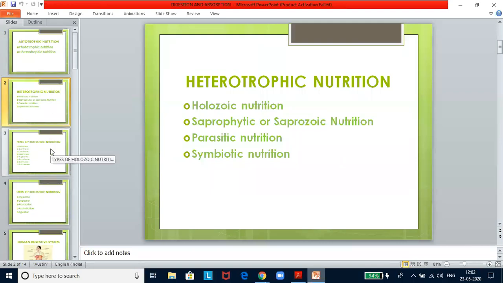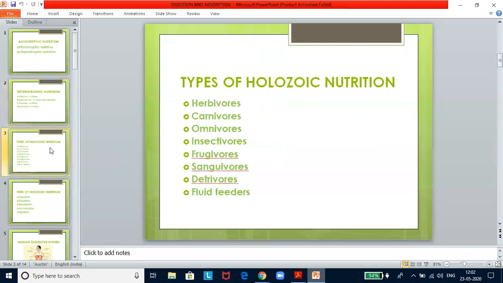Now let us look at some types of holozoic nutrition. These are the different types, and the list is a longer one, but I have just condensed it, keeping in view the questions that have been asked for the NEET exams. Herbivores, animals that feed on plant materials, example cow, horse, and rabbit. Carnivores, animals that feed mainly on animal flesh, example lion, tiger, and dog.